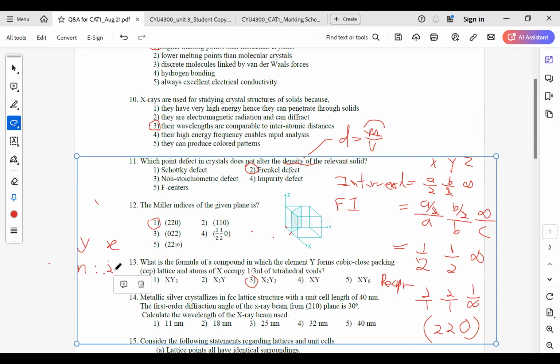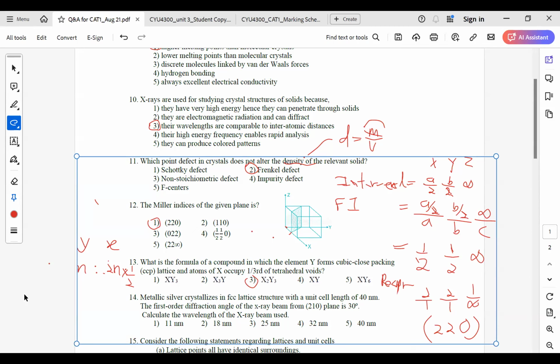Exactly. So if I explain it real quickly again, what she said was, there's one rule that we need to follow when it comes to close packing, either hexagonal or cubic close packing.